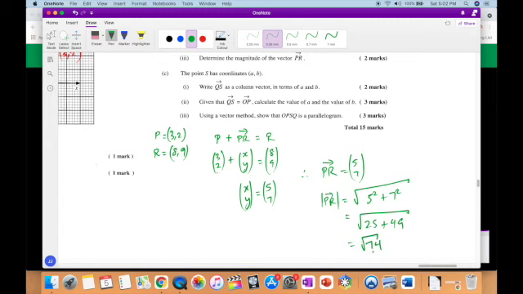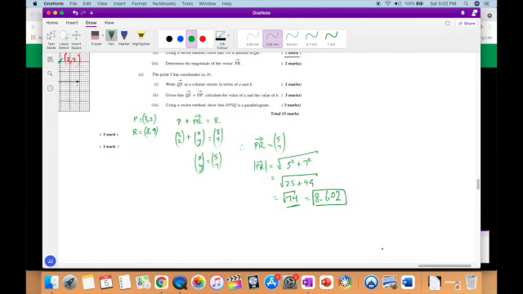You can actually leave your answer like this if the square root of 74 works out to be some stupid thing. The square root of 74 works out to be 8.602, but it goes on forever. So you could actually leave your answer like this, or I mean, this is preferred, really and truly, but this is more exact.